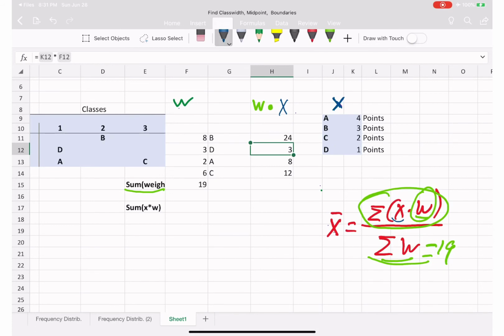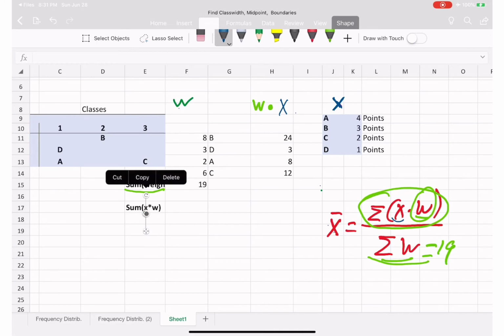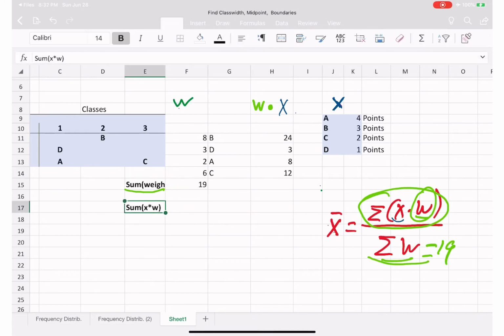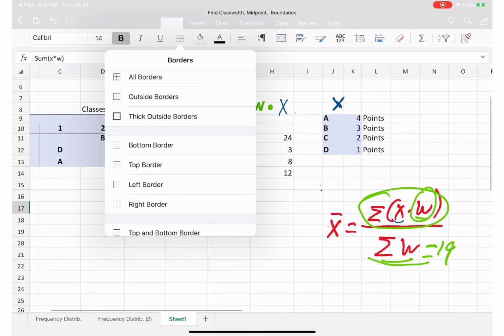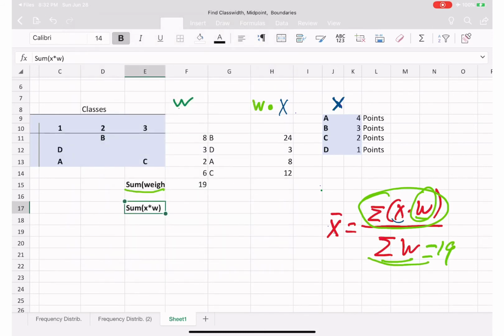So here, sum of x times w, it's right here. Let me put in the frame. There we go. So it's gonna be equal.